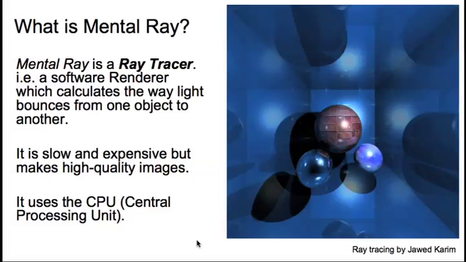But the image quality at the end tends to be better than you'll get with the Maya hardware renderer. So, if you think of the Maya renderer as being fast and cheap but relatively lower quality, and Mental Ray as being slow and expensive but high quality, that gives you a working rule of thumb.